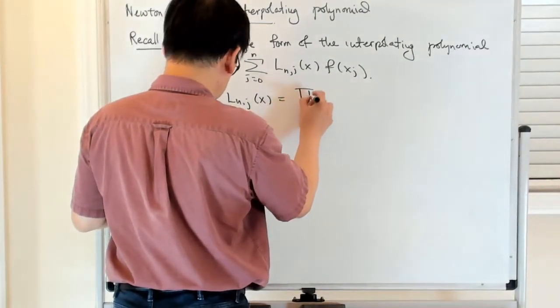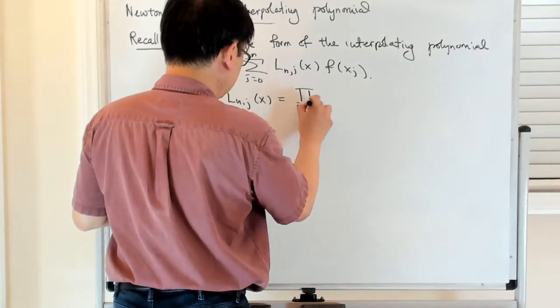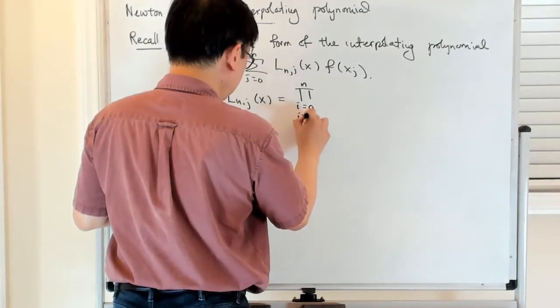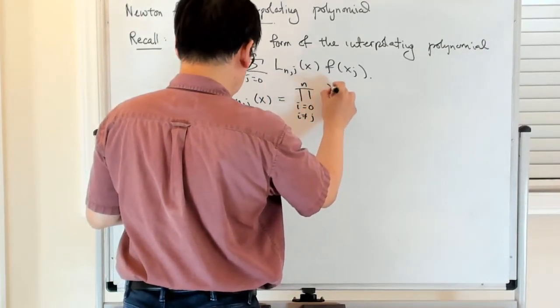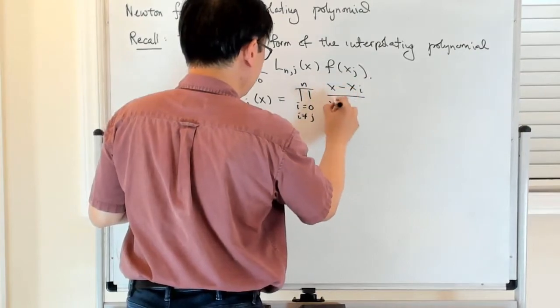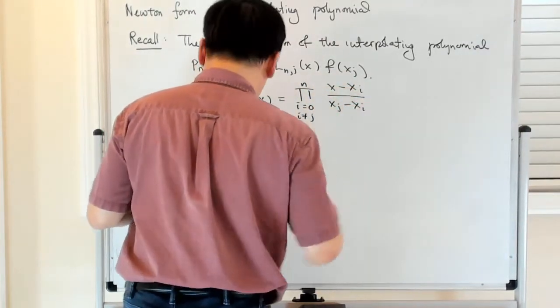So it's the product from i equals 0 to n, for i not equal to j, of x minus xi divided by xj minus xi.